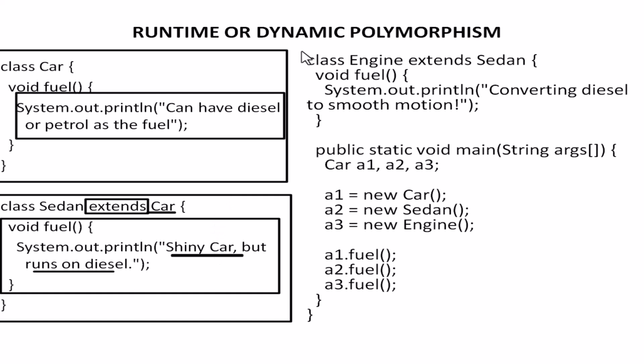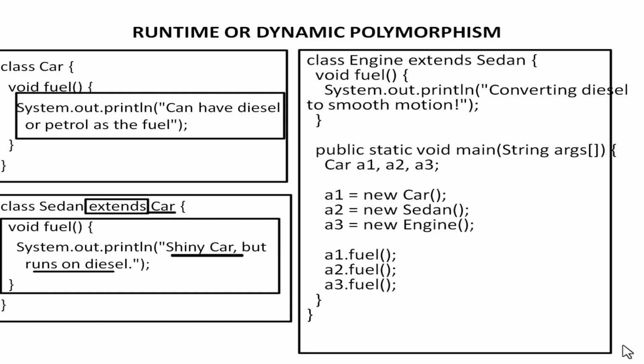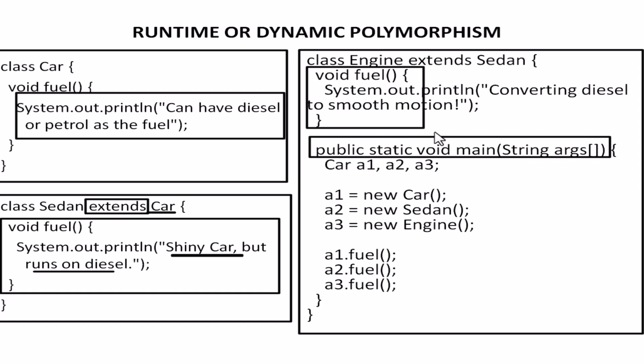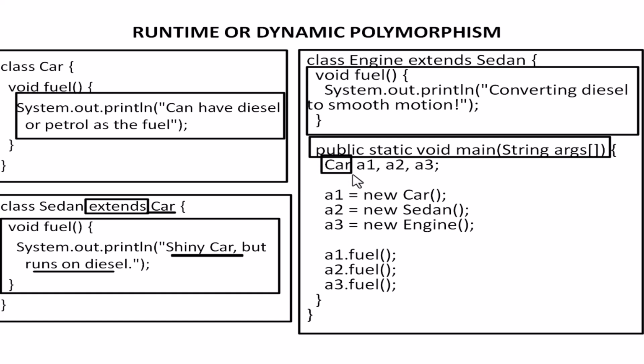Next, the third class has a main method. It also has the same method name, fuel. So all three classes have fuel, and which one runs depends upon how many objects you create. Car is the name of the class. You have created three objects, A1, A2, A3, creating an instance for A1 as new Car, A2 as Sedan, and A3 as Engine.